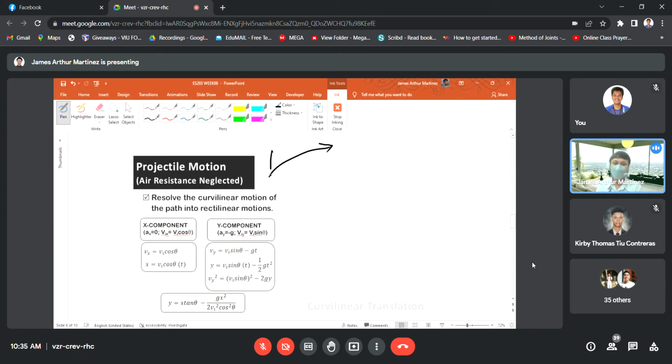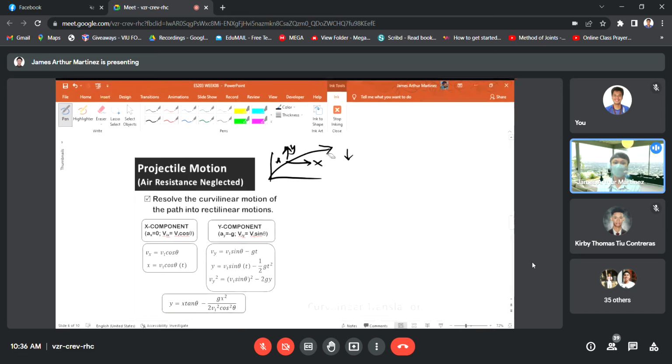If we take this trajectory or curvilinear motion and analyze a point, resolving it into x and y components, the y component is acting upward and gravity is always acting downward, so you have a negative sign convention for acceleration, class. Okay?